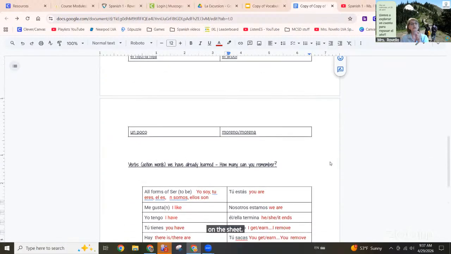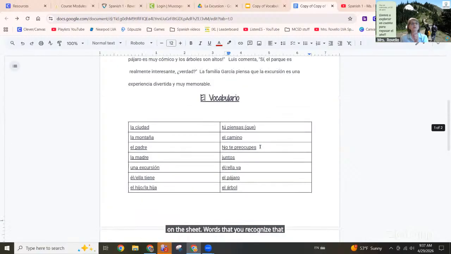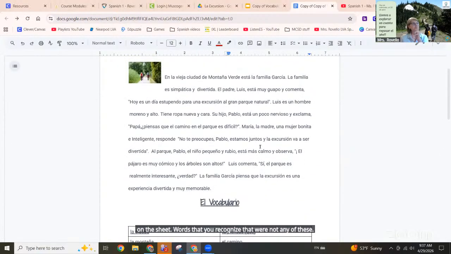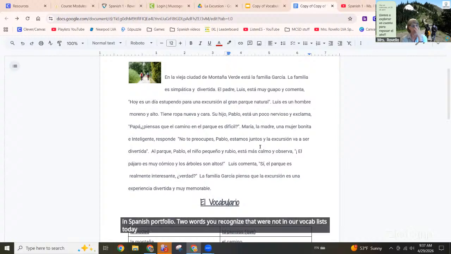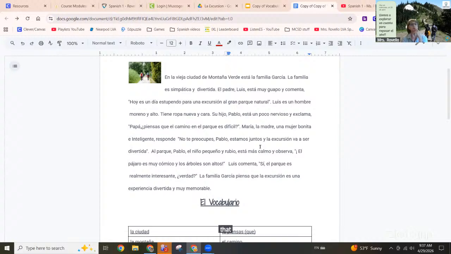Words that you recognize that were not any of these. 2 of them, and just pop it in the chat. In Spanish, por favor. 2 words you recognize that were not in our vocab lists today that you recognize in the story.